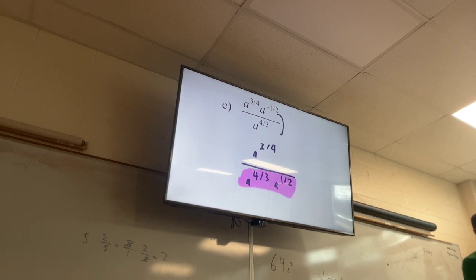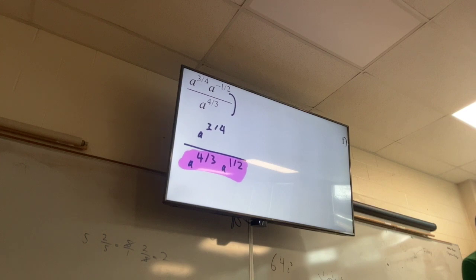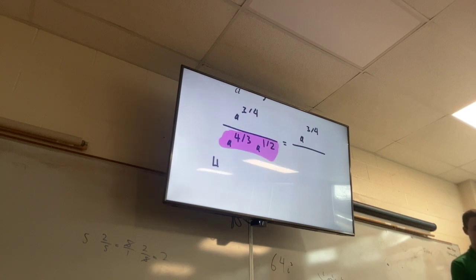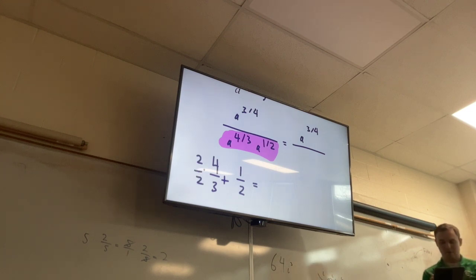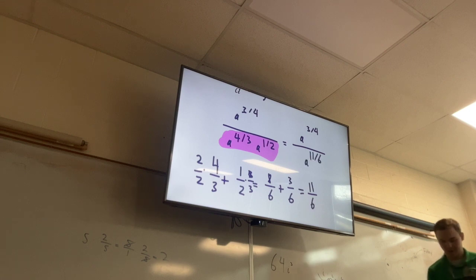So what do I have to do to the bottom to combine those? I have to add the exponents. So 4/3 plus 1/2. What's my common denominator going to be? There you go, so a to the 11/6.